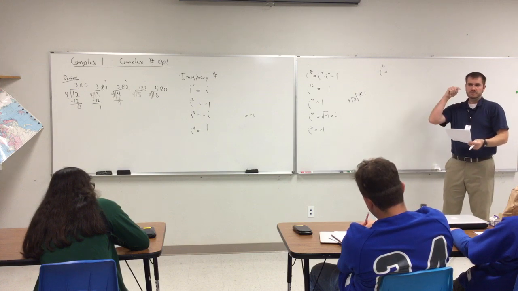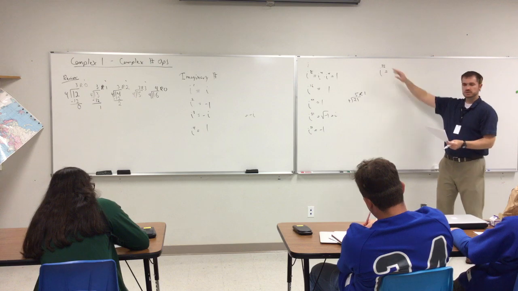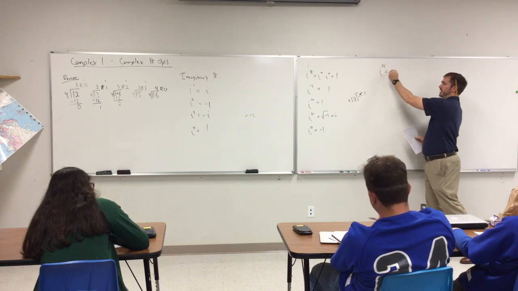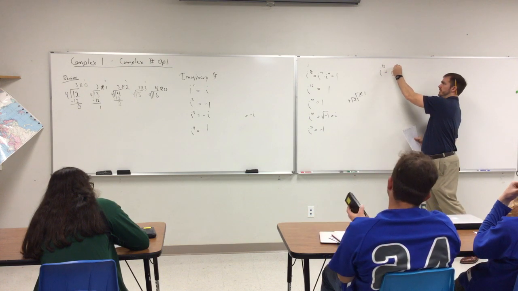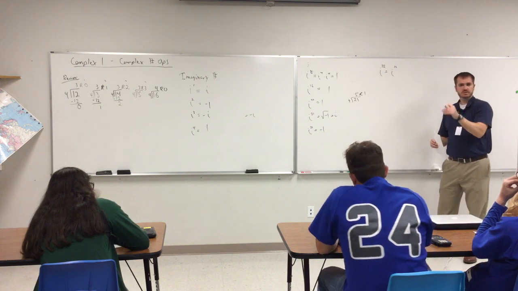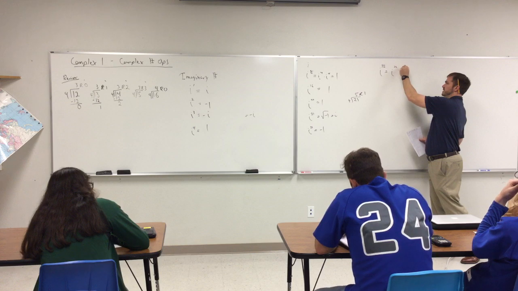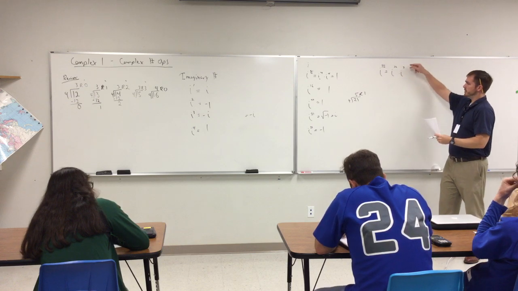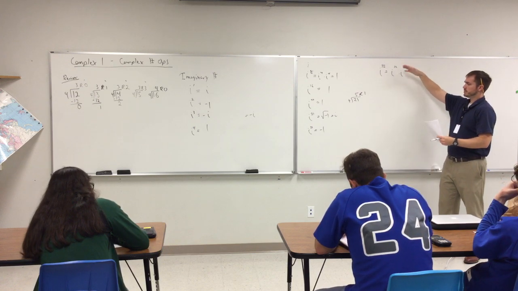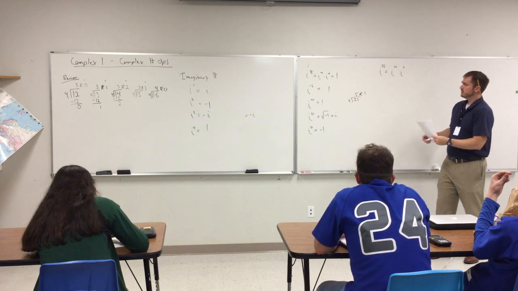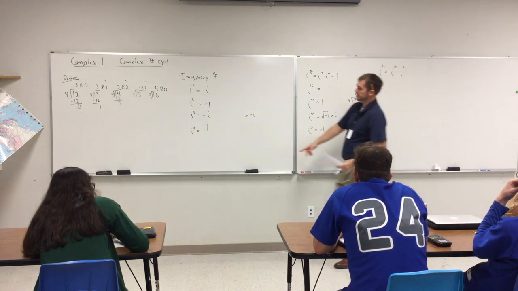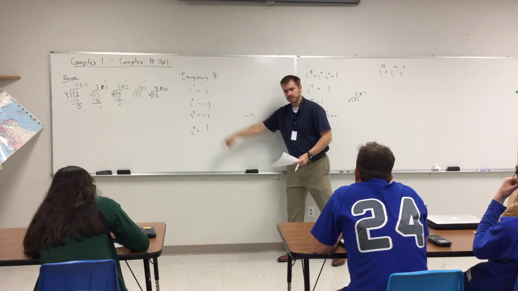You think, what's the nearest multiple of 4 that's lower than 35? 32. That's the nearest multiple. So this would be i to the 32 times i to the third. So it's 3 more past that. 1, 2, 3. This is going to equal negative i.